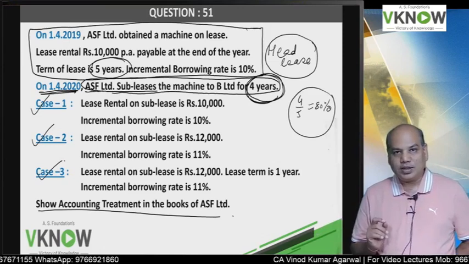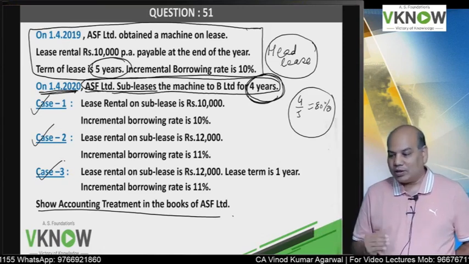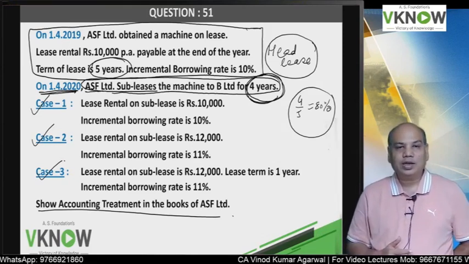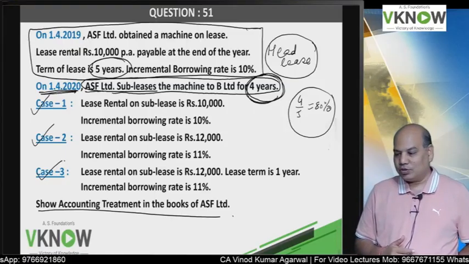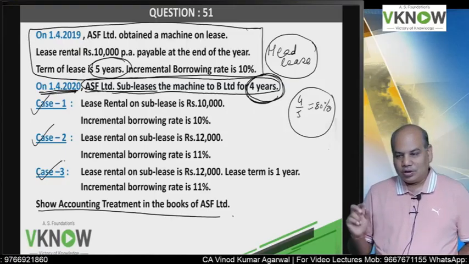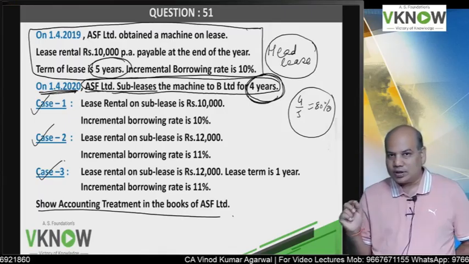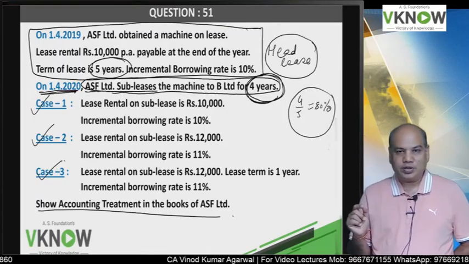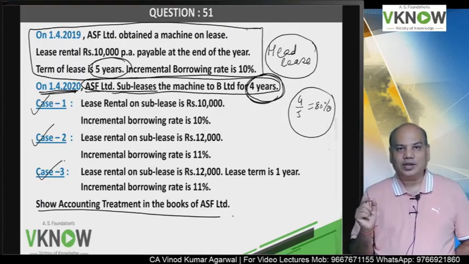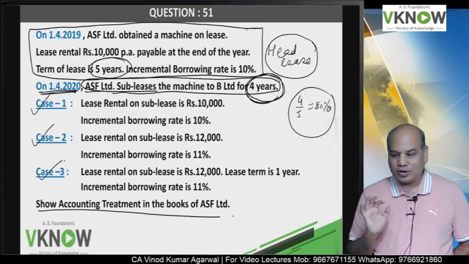But for the sublease, the incremental borrowing rate is now 11%. So in case 2, the interest rate on sublease is 11% and the interest rate on head lease will be 10%.